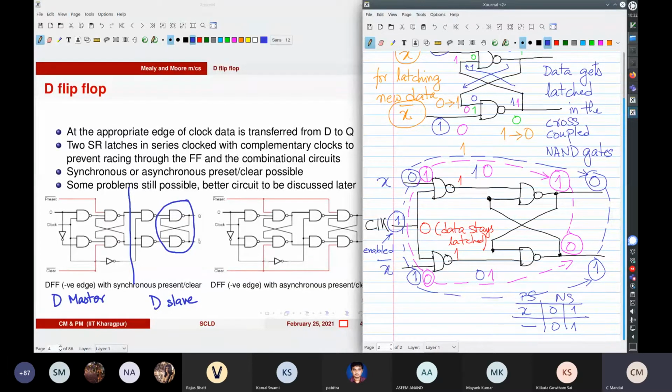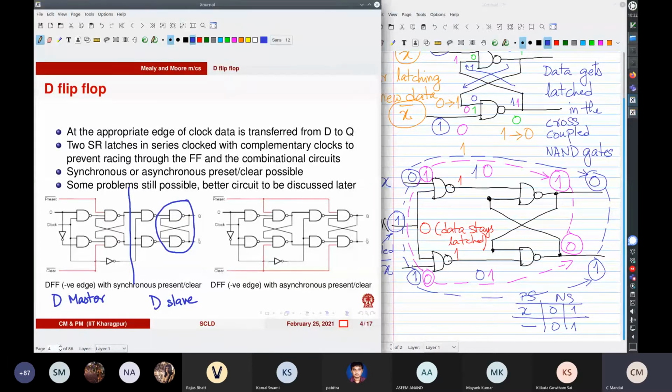So this flip-flop reacts to the input only when the clock is 1. When the clock is 0, it doesn't react. So the way it works is that when the clock is 1, the data moves from the input of the master to the input of the slave and stays here, because when this is 1, this is 0. All right.